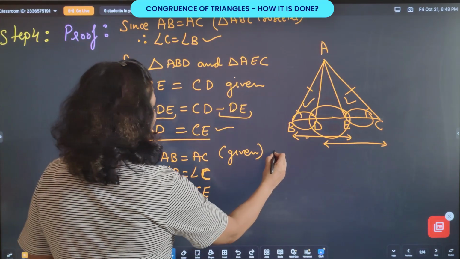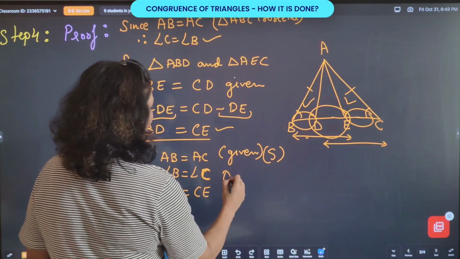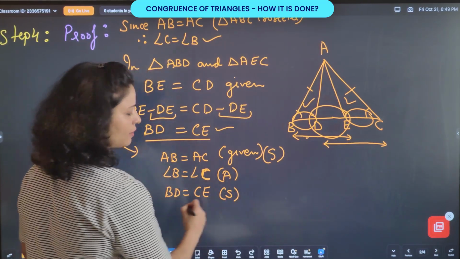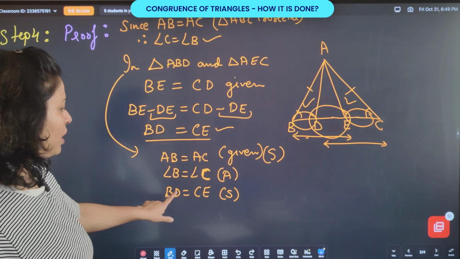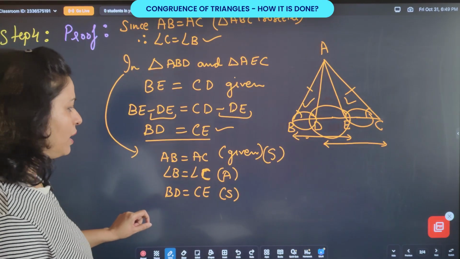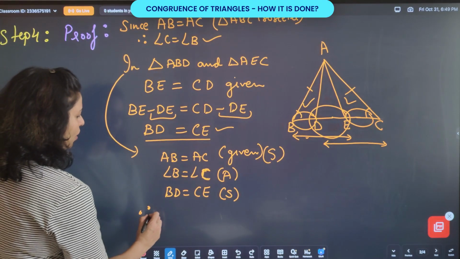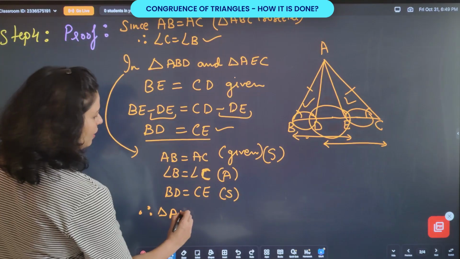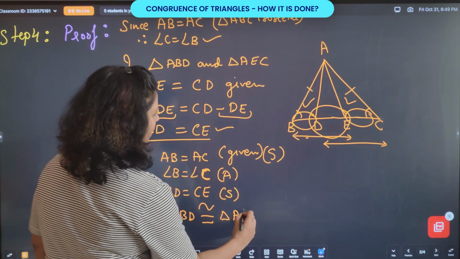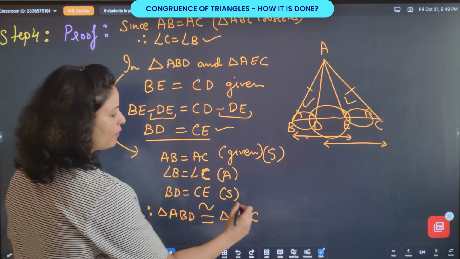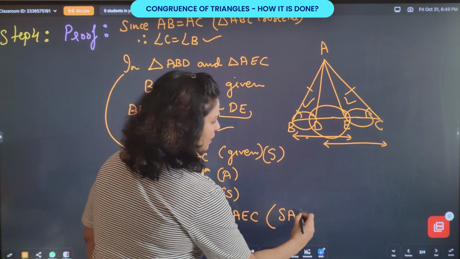So here if you see, this is S, this is A and this is S, right? So two sides we got equal and the angle between them we proved equal. Okay, so here I can say triangle ABD is congruent to triangle AEC. By which rule? By SAS rule.